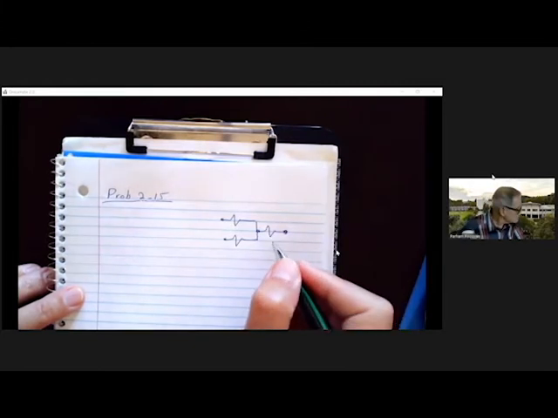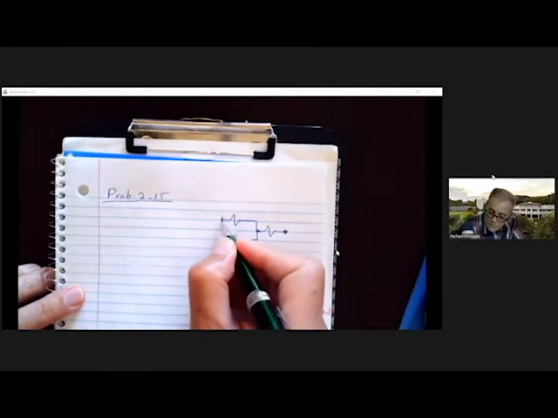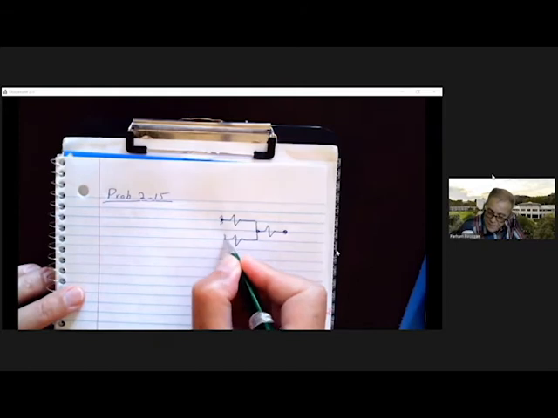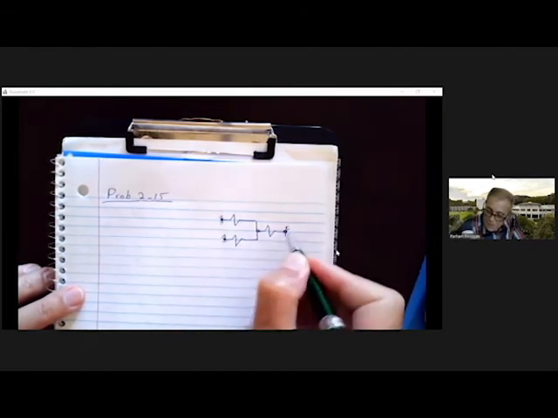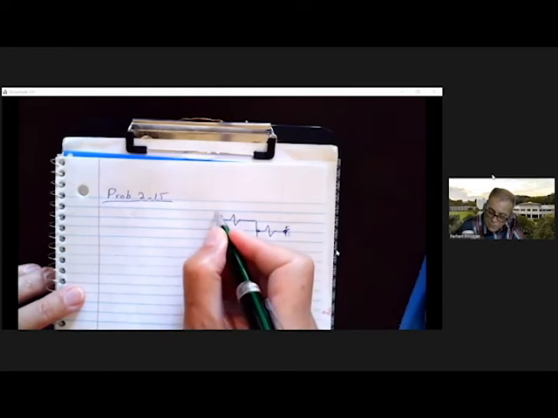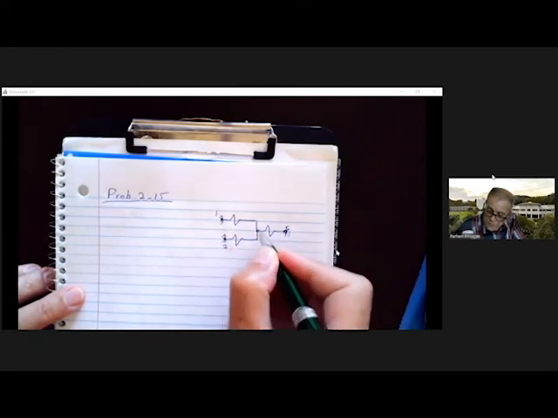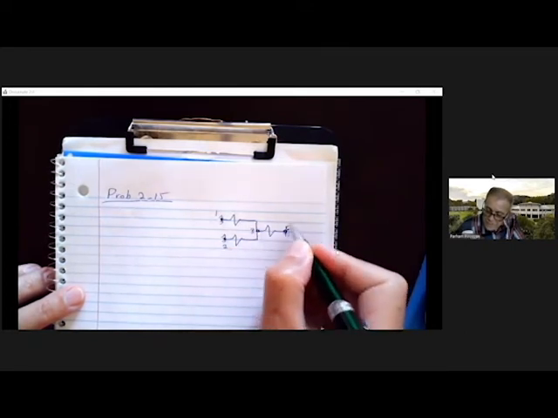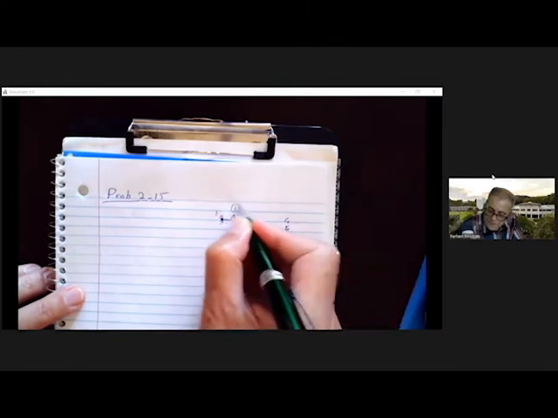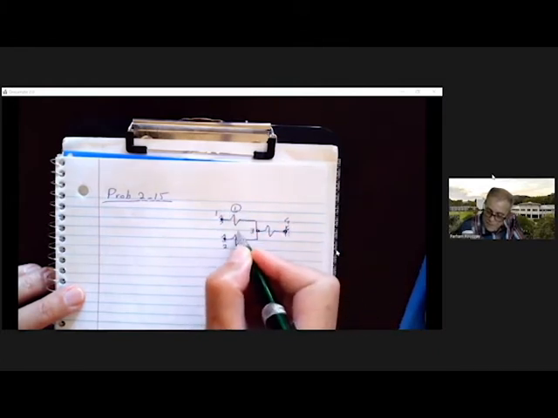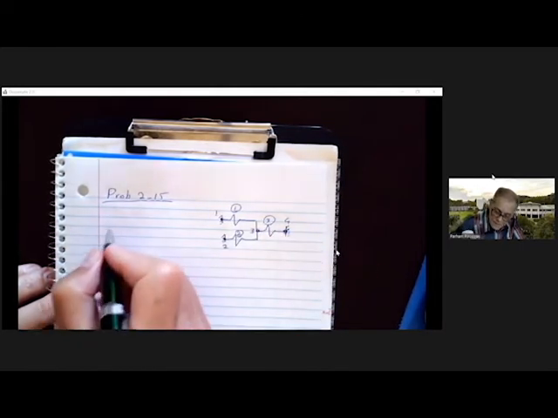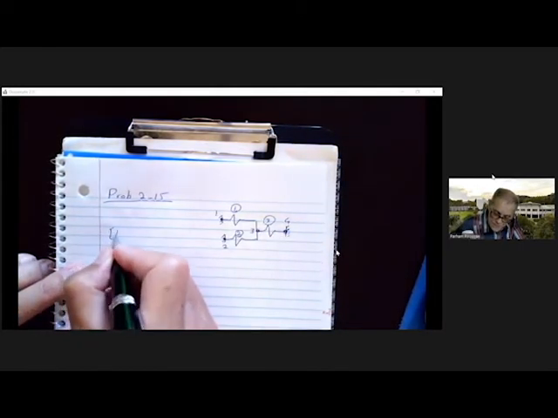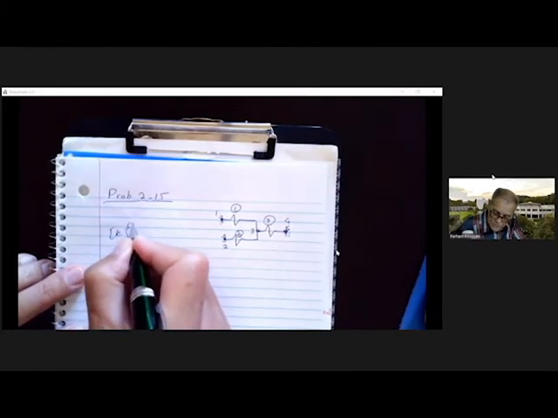All right, this is attached to the wall here. This is attached to the wall, and this is attached to the wall. This is node 1, node 2, node 3, and node 4. Element 1, 2, 3. And I asked you to do this K for element 2.